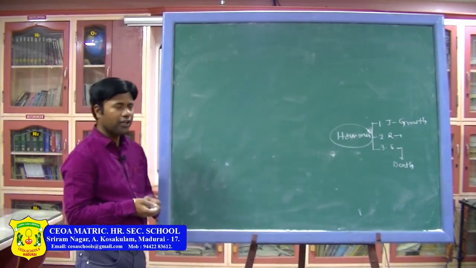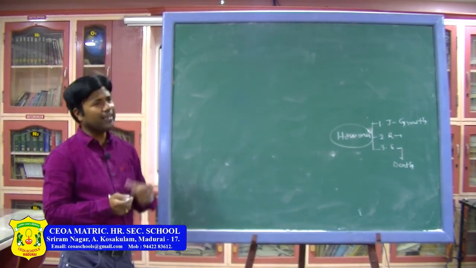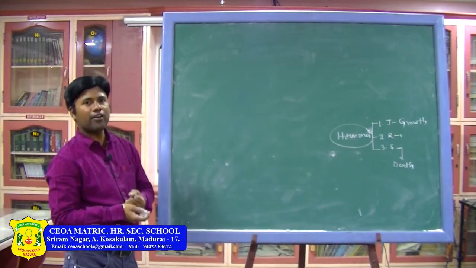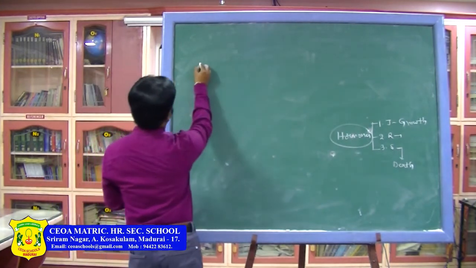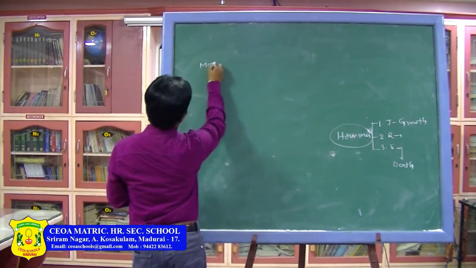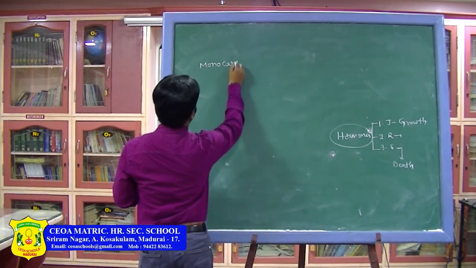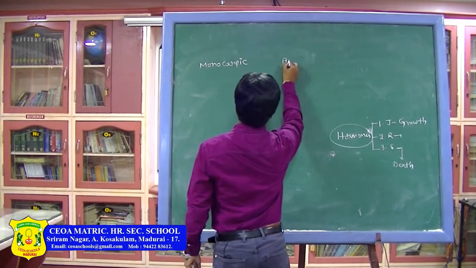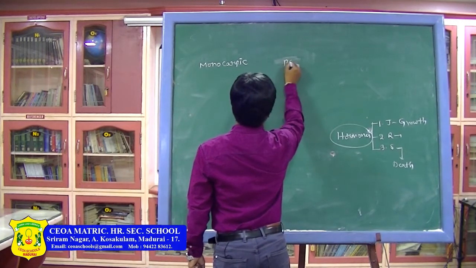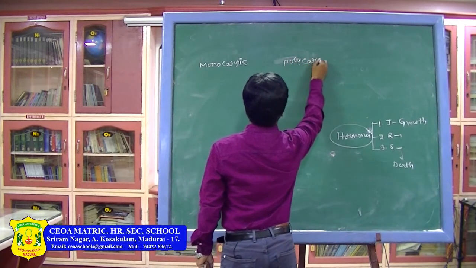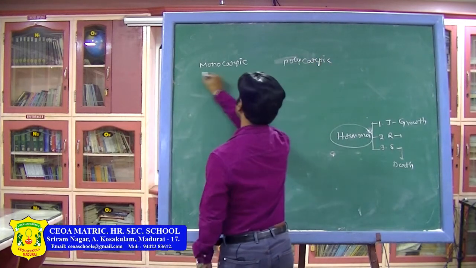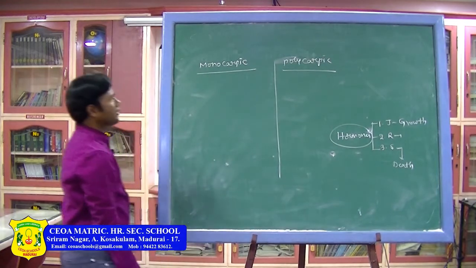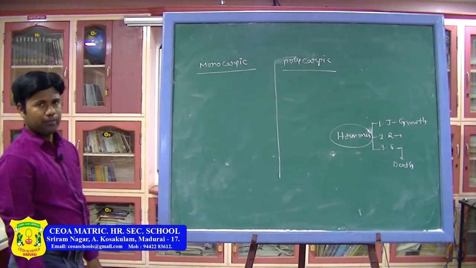Next, the flowers. If you take based on the flowering, there are 2 types of flowers. One is monocarpic, another one is polycarpic. So, what are the differences between monocarpic and polycarpic?